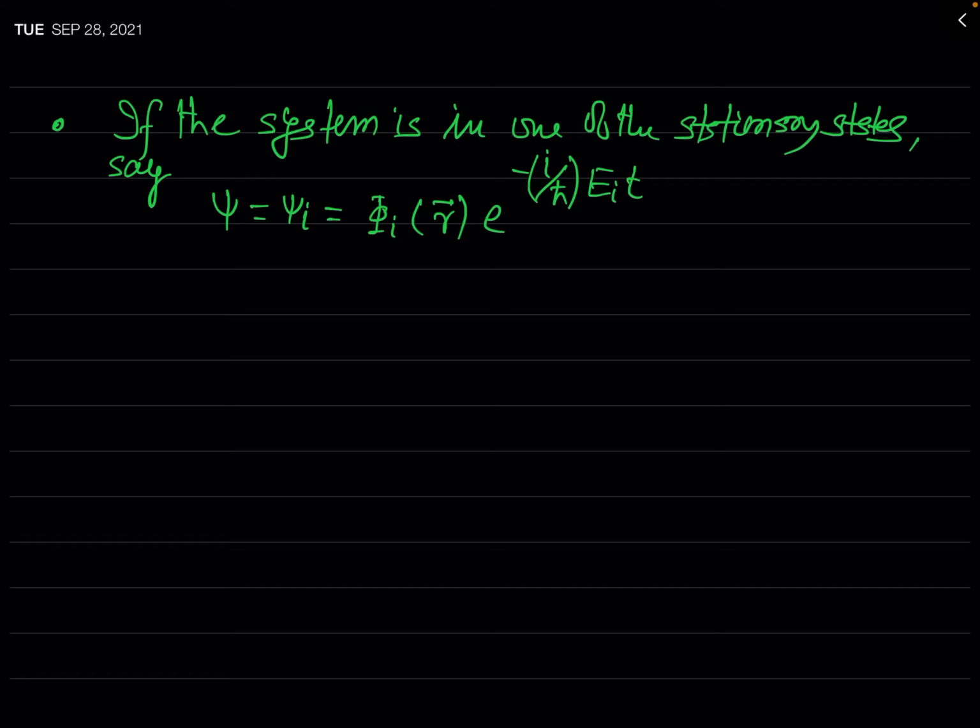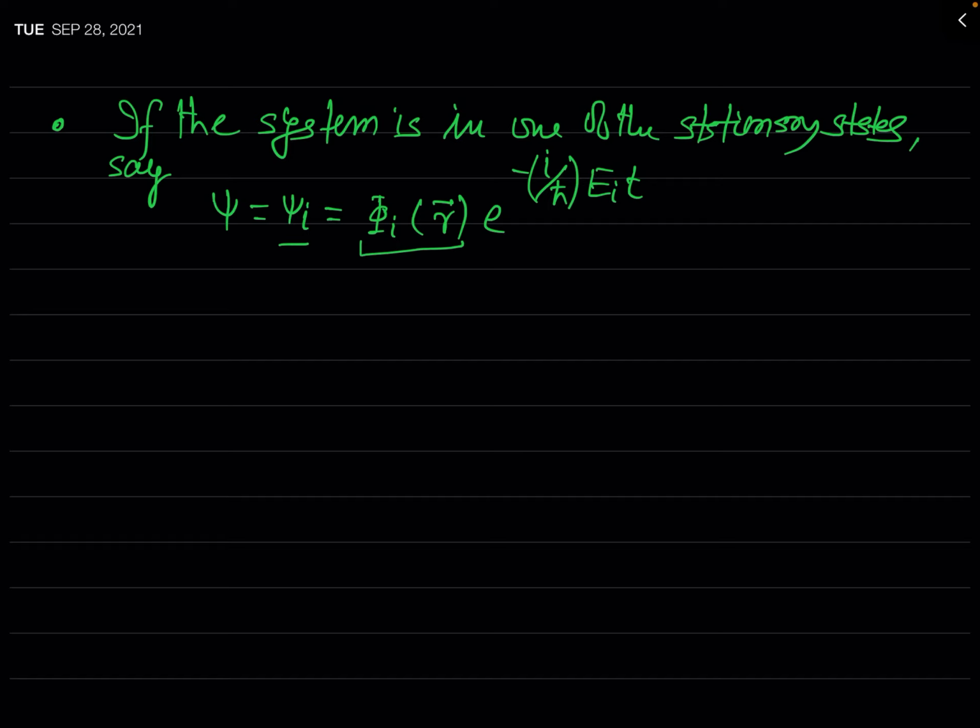You know, the stationary state of the system may be represented by a state vector like this. Here this phi of r is independent of time, and so this function phi of r actually represents the stationary state of the system.